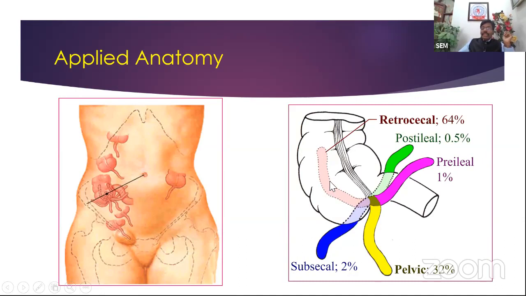It is hiding behind the cecum. The next common is the yellow one, that is a pelvic appendix. The others go in front of and behind the ileum, pre-ileal and post-ileal. Of course, next is subcecal. So these are the various positions, like a clock, and depending upon that, they can present.